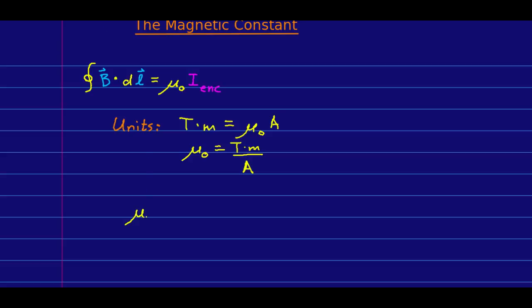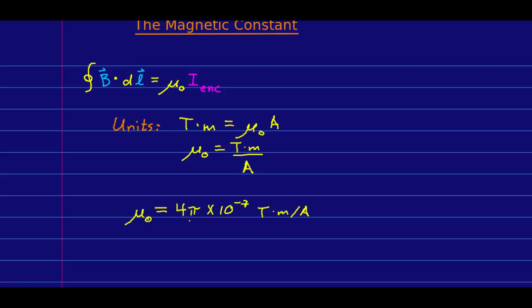However, mu naught has a value which is exactly 4 pi times 10 to the negative 7 Tesla meters per ampere. And note that because it is exactly that, that means we know it to infinite precision.